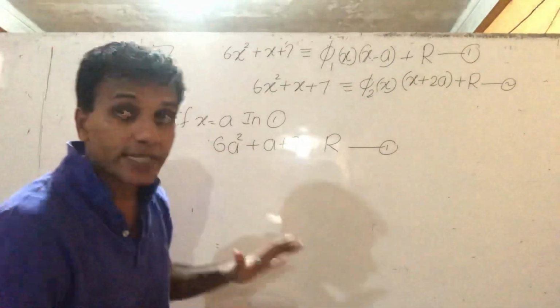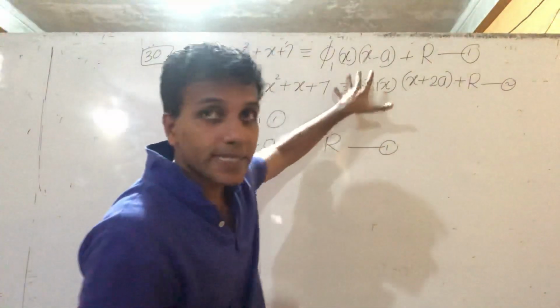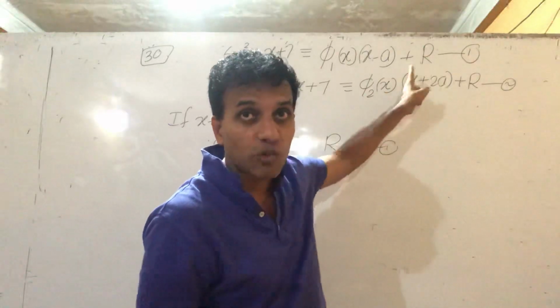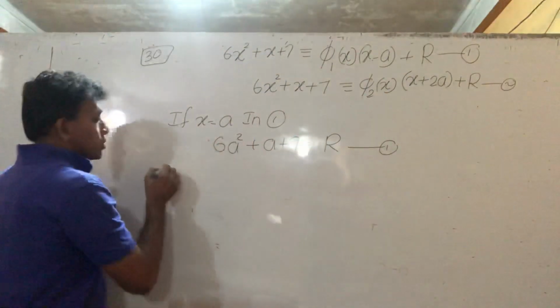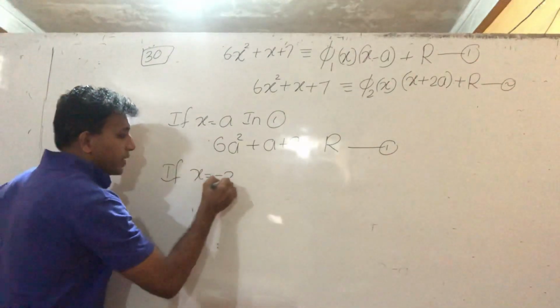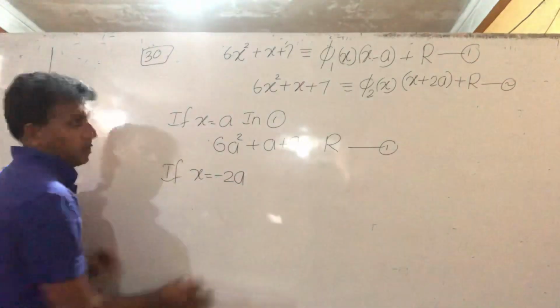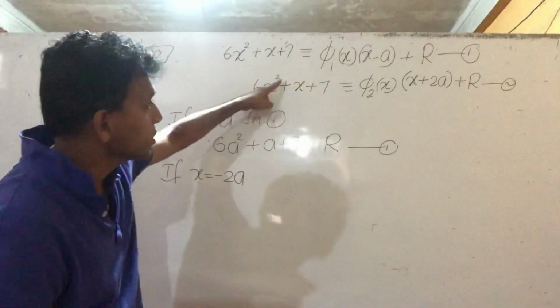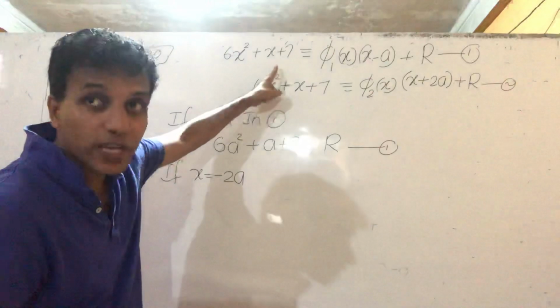Next, come to the second, same idea. Make this part 0. When it happens, put x for minus 2a. So if x equals minus 2a, what happened here? This is 4a square.